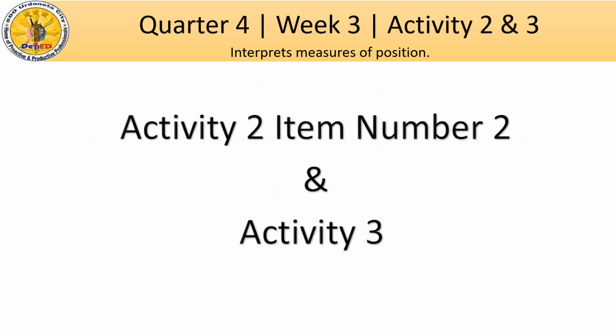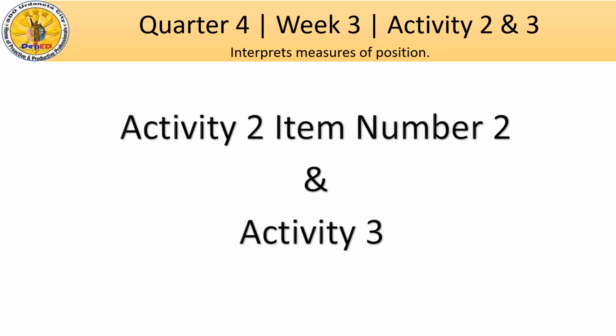That would be the discussion for our activity 1, activity 2, and for your activity 2, item number 2, you will just be applying what we had in activity 1 and activity 2 to determine which of those are true or which of those are false. Okay? And for activity 3, you just have to compare the given values to the total. Okay?